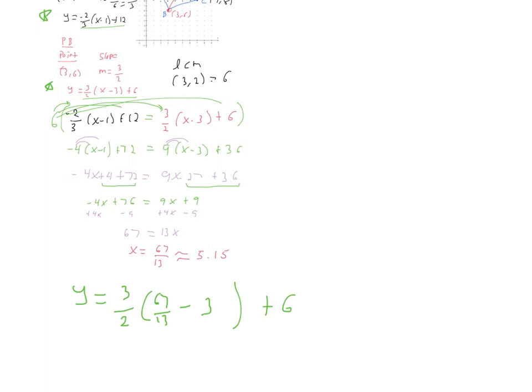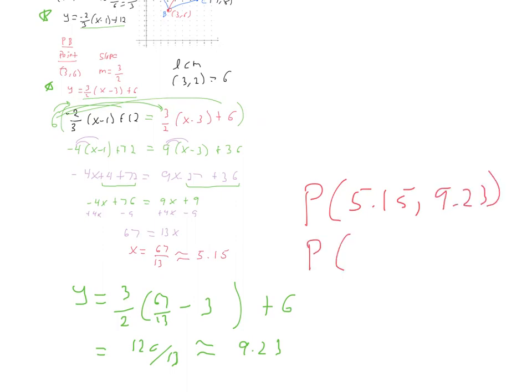It doesn't matter if you put in 5.15. Okay, and when we do our order of operations as far as PEMDAS, we get 120 over 13, which is approximately 9.23. So point P has coordinates 5.15, comma 9.23, or if you left it in exact values, which I'll show you guys how to do tomorrow, 67 over 13, comma 120 over 13.